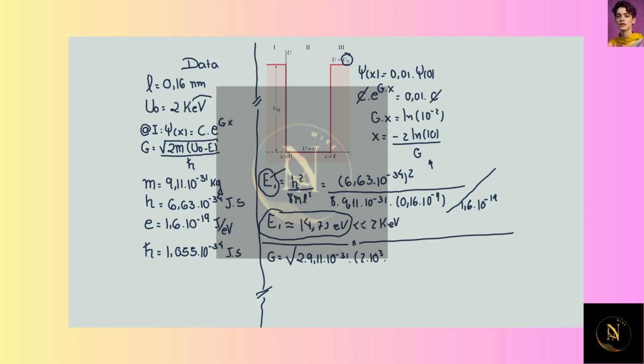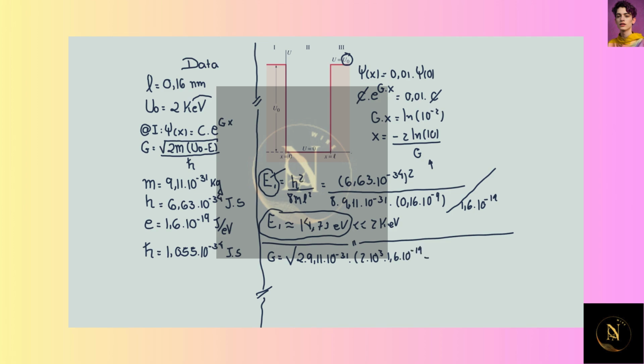But this should be an energy that is measured in joules, so we have to convert it from electron volts to joules. We can do that by multiplying this energy by the electron charge. So 2 times 10 to the third times 1.6 times 10 to minus 19.